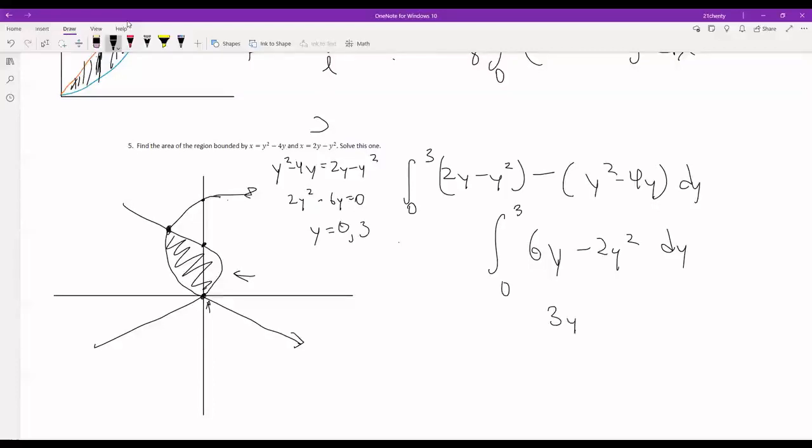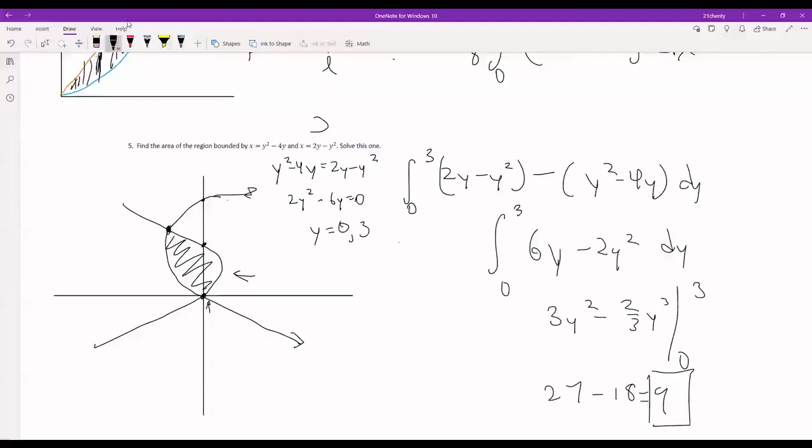We'll get 3y squared minus 2/3 y cubed. And then just plug in 3, and we get, what, 27 minus 18. And 9 is our final answer.